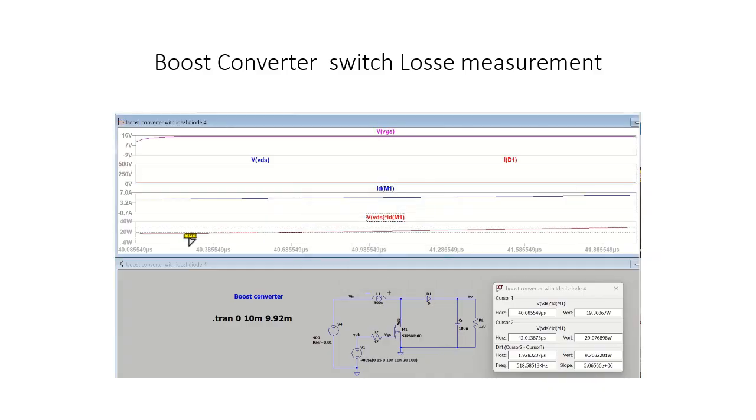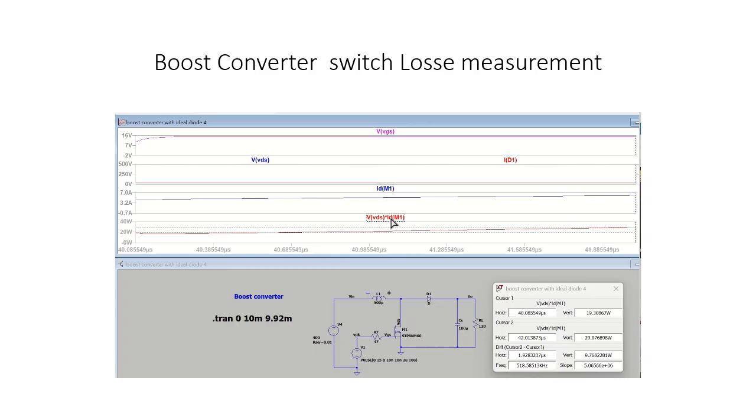Now we can see this waveform starting at around 20 watts and at the end maybe some 30 watts or so. Because the current is increasing during this on interval, the losses at the end of the on interval are more than at the beginning. Okay, so now again we do the same thing.